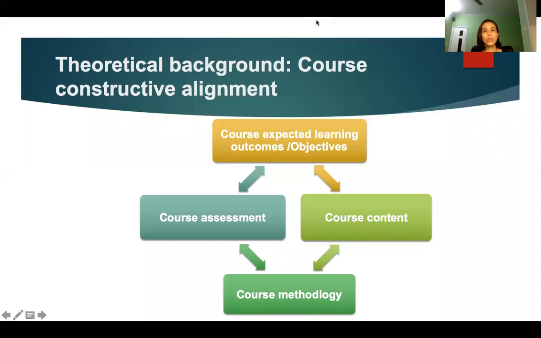And we can use the data from the assessment methods to revise the learning and teaching activities, as well as to adapt the course expected outcomes.